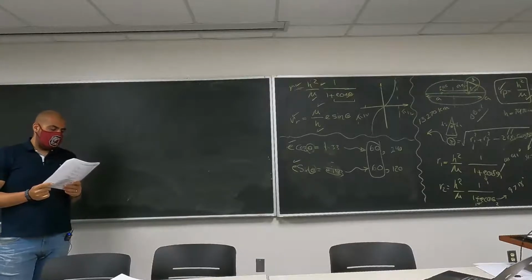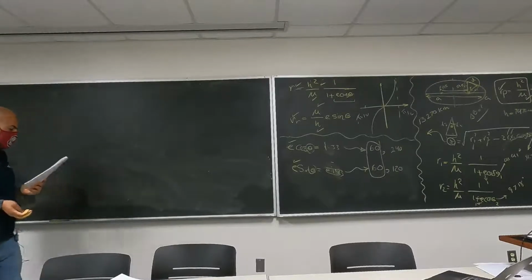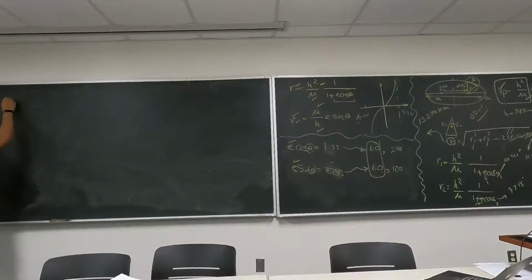We are told a geocentric trajectory has a perigee velocity of 15 kilometers per second. So v_p is 15 kilometers per second. And a perigee altitude of 300 kilometers.